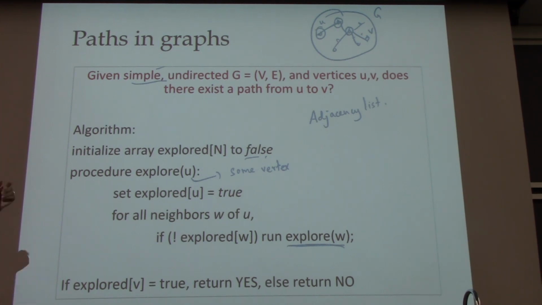And in the end, if the explored of v is true, then return yes, otherwise return no. Yes means that there is a path. The question we want to answer is if there is a path. So 2 questions: does this algorithm always correctly find if there's a path or not? And second, how long does it take? These are the 2 questions we'd like to answer.